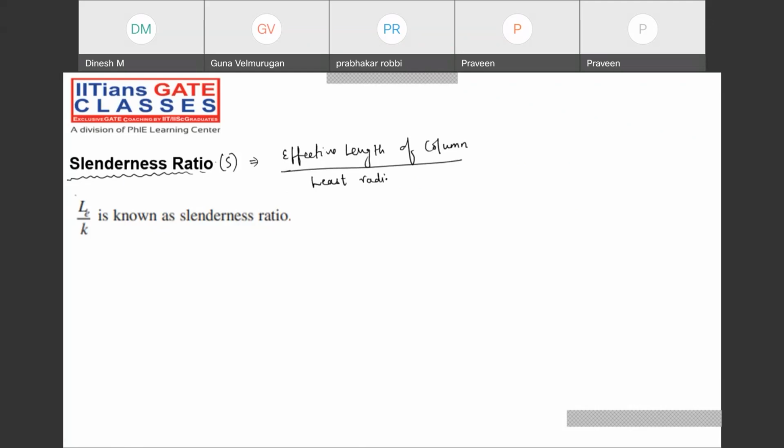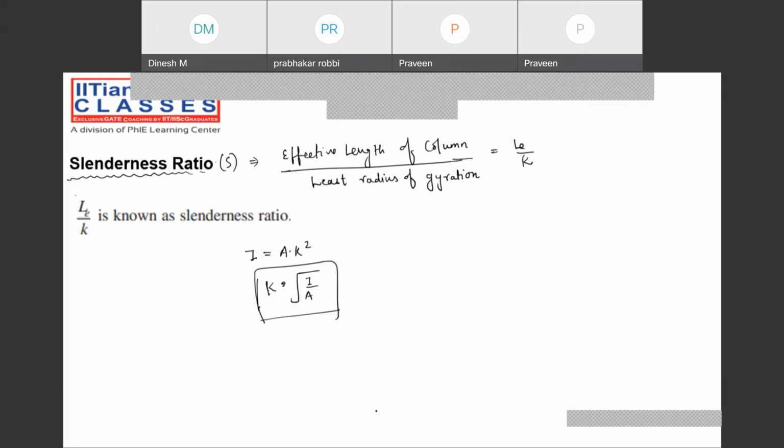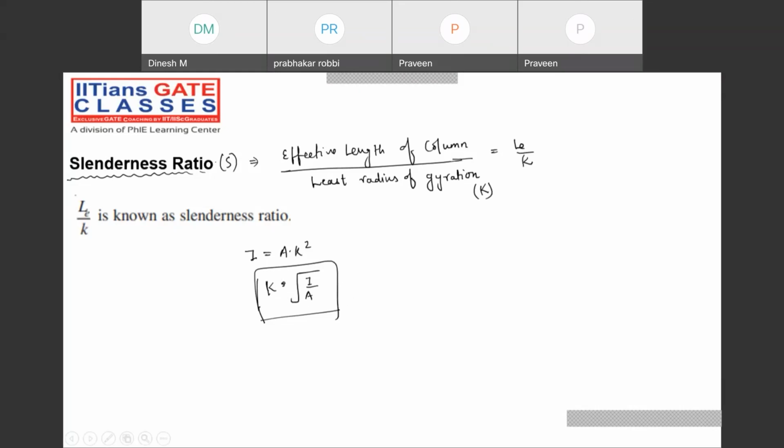That is, LE divided by K. What is K? You know that I is area times K square, where K is nothing but the radius of gyration. Yes or no, guys? K is the least radius of gyration. Please note down, where K is I minimum divided by area.